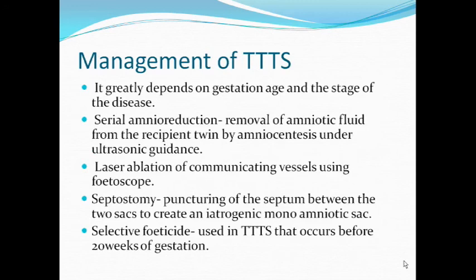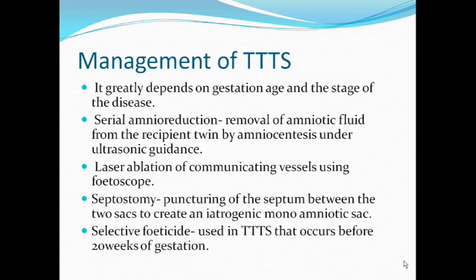So how do you manage TTTS? It greatly depends on the gestational age and the stage of the disease. You may require serial amnioreduction, that is removal of amniotic fluid from the recipient twin by amniocentesis under ultrasonic guidance. You can do laser ablation of the communicating vessels using a fetoscope.